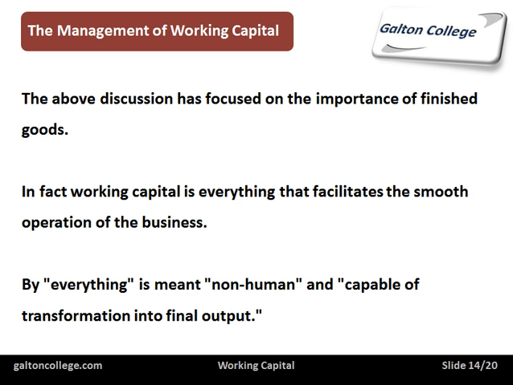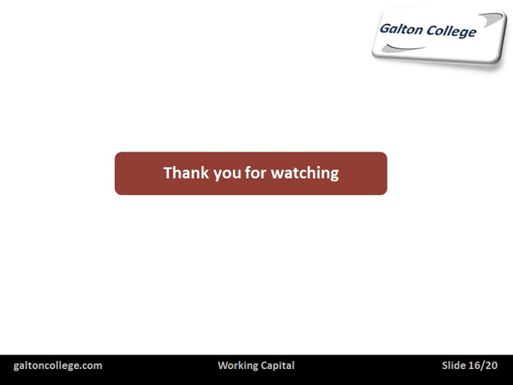So it's raw materials, semi-finished goods, but also it's ensuring that the workers get paid and that there's sufficient cash in the bank to enable the business to pay exceptional items, to meet any unforeseeable demands on its resources. The management of working capital is vital for the continuation of the business.